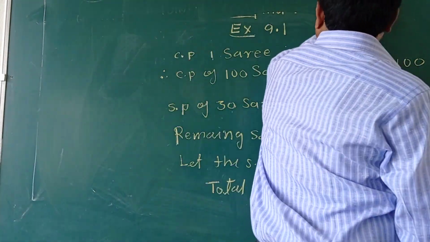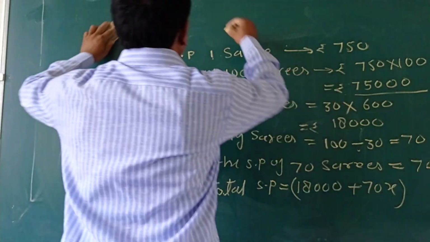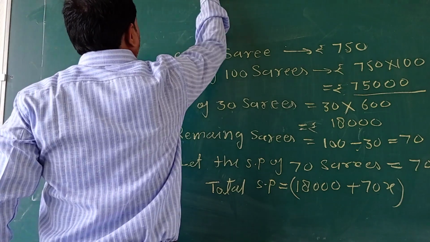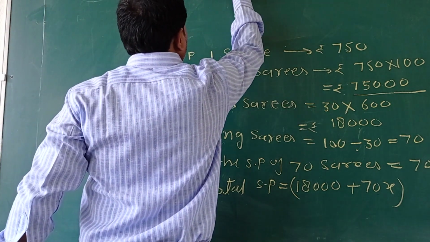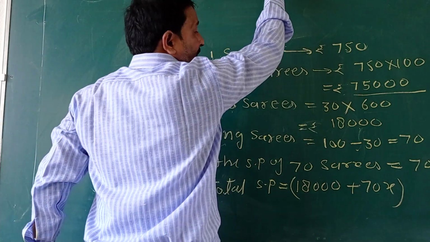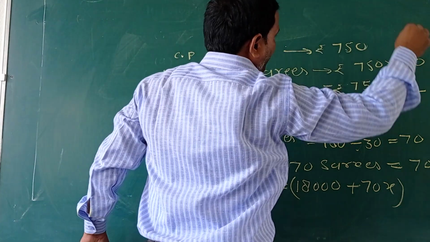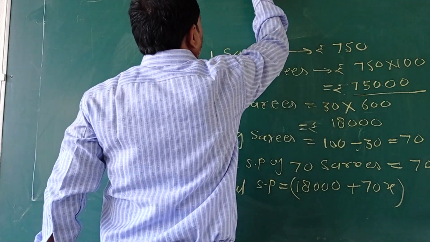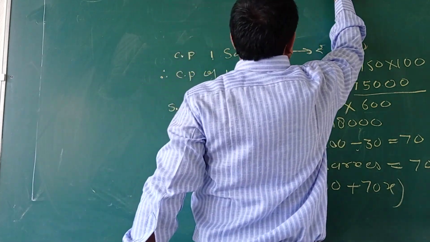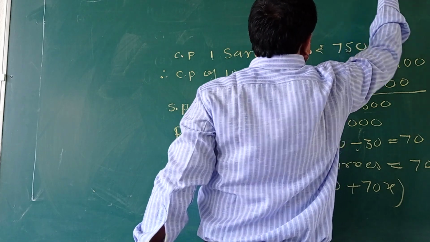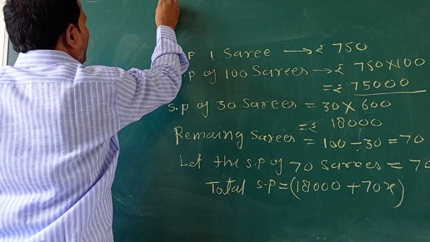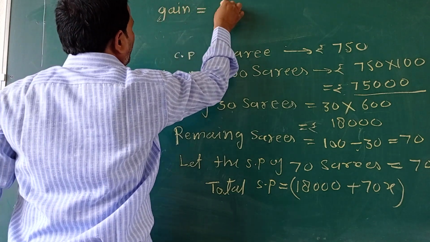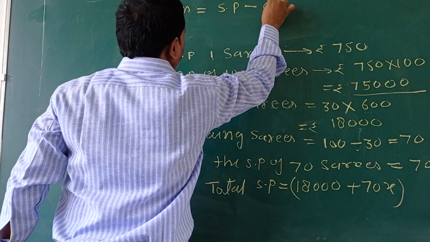I am going to remove this one. Gain is equal to 10% of 75,000. The 0 cancels. What is coming? 7,500. Now you use this formula: gain is equal to ST minus CP.